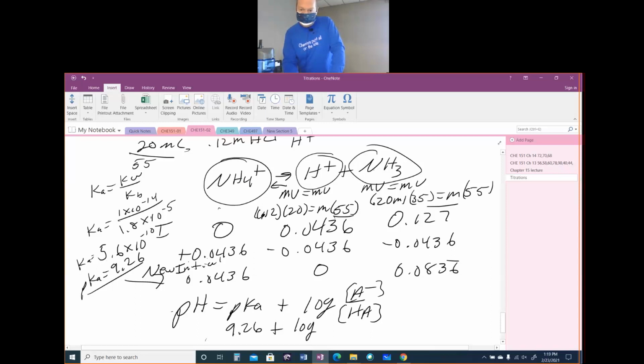A minus is your NH3, 0.0836 repeating, and then your HA is your NH4, which is your 0.0436 repeating. And that gives you a 9.54.